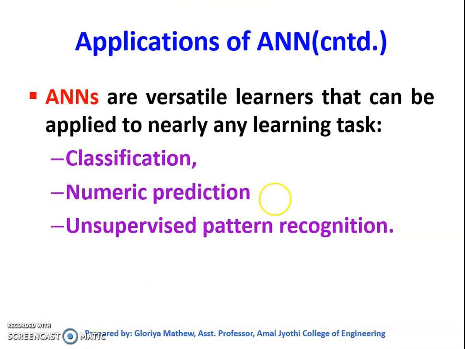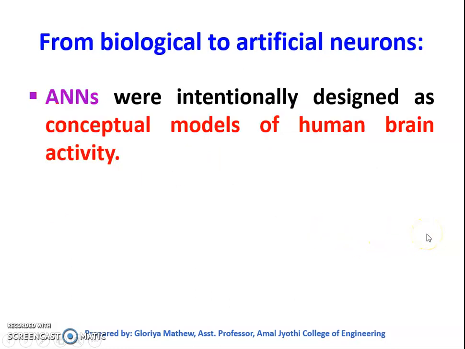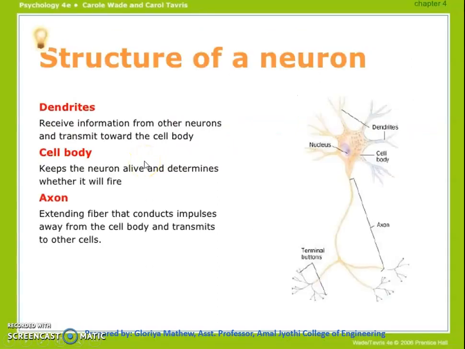Artificial neural networks are versatile learners that can be applied to nearly any learning task like classification, numeric prediction, unsupervised pattern recognition, etc. Artificial neural networks were intentionally designed as a conceptual model of human brain activity.